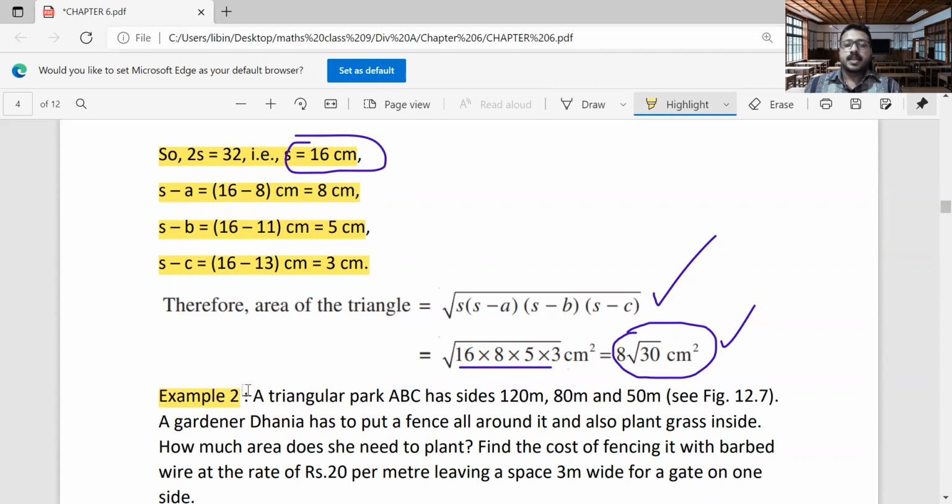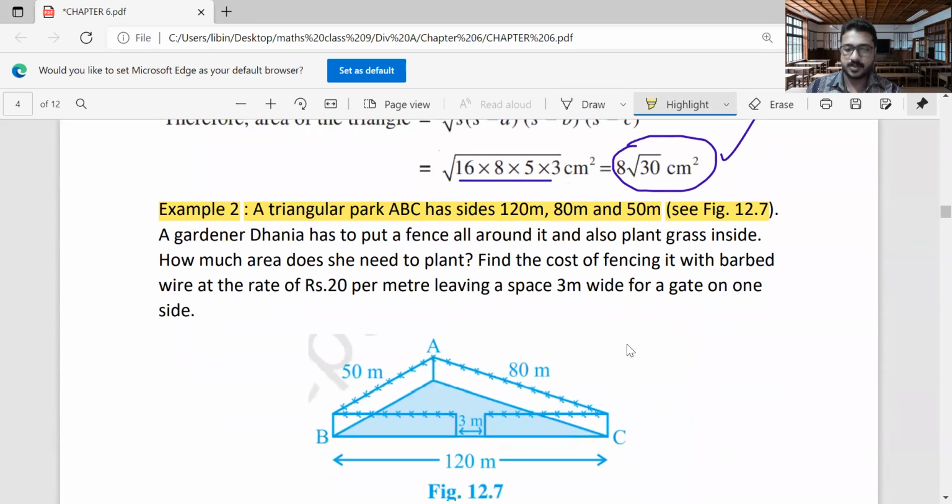See, a triangular park ABC has sides 120 meter, 80 meter, and 50 meter. You can see in figure 12.7. A gardener, Dhania, has to put a fence all around it and also plant grass inside.